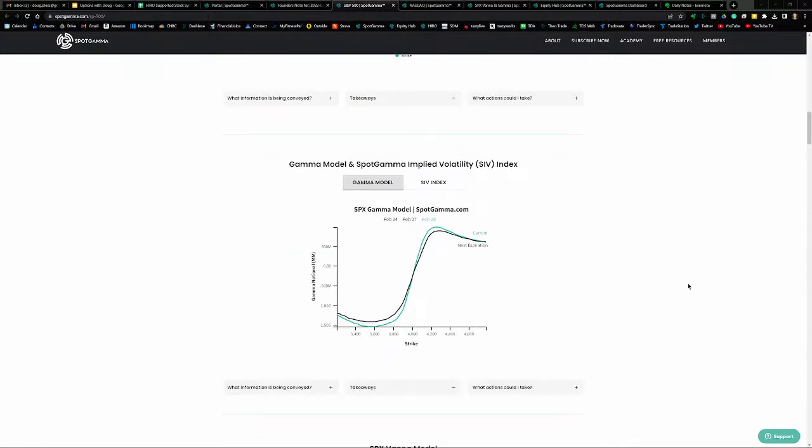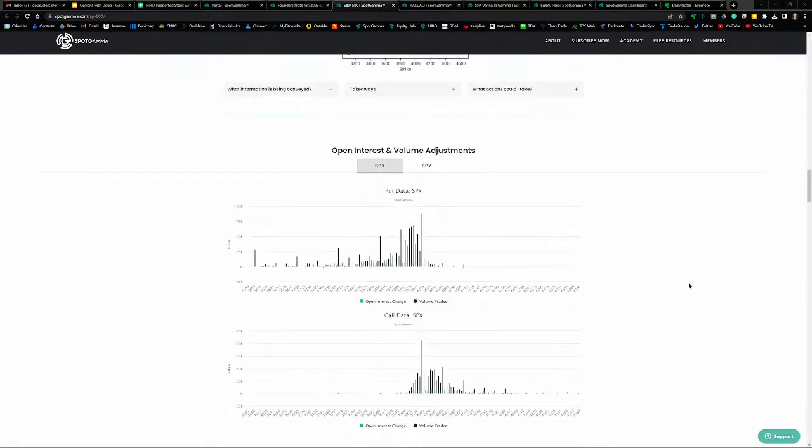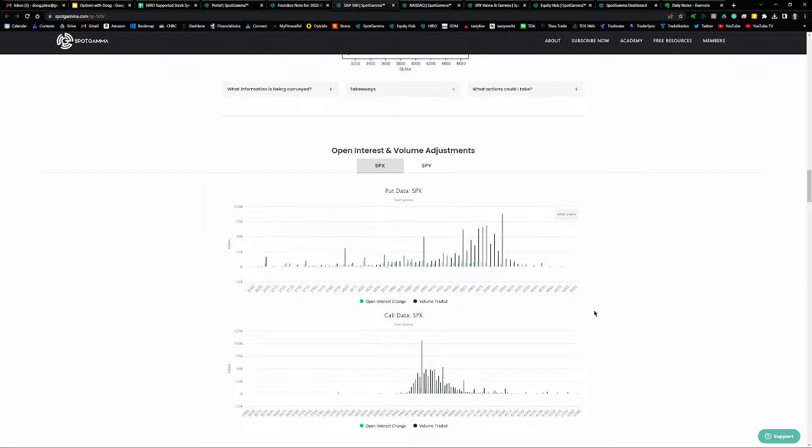And then one other thing, while we're on this page again, let's take a look at the open interest and volume adjustments. What this is showing is put data for SPX, and the black bars are showing volume. This is from yesterday, showing volume versus open interest, shown by these small teal bars. Open interest indicates traders taking positions in options that have more than 1 day to expiration.